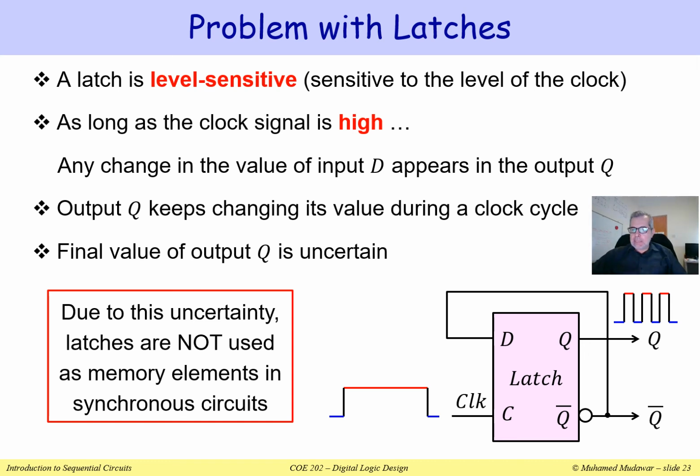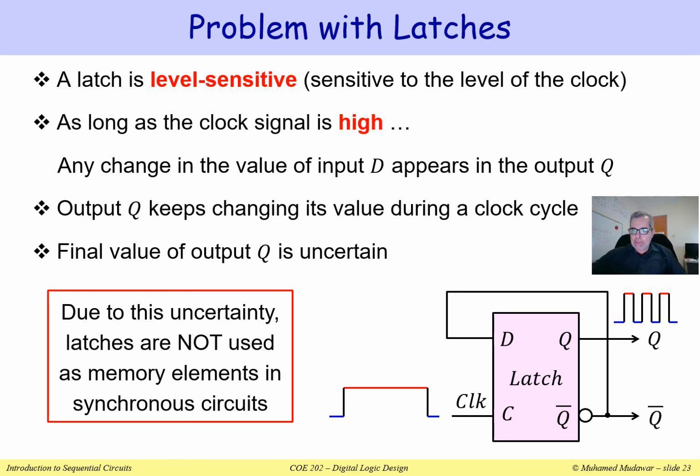Now the problem for the latch is that as long as C is equal to 1, the clock is high, and the latch will be enabled. This means that if Q is equal to 0, Q bar will be equal to 1. We're connecting that back, so D becomes 1, and therefore Q is going to follow D, so Q is going to jump from 0 to 1.